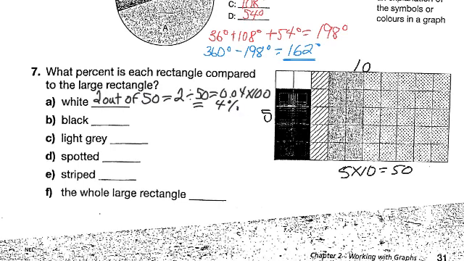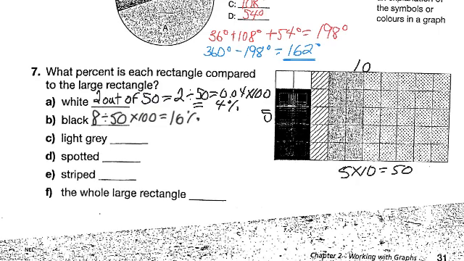Now if you just want to do this really quick, you don't have to write down all this information. You're just going to put down what it is. So we've got black, so how many do we have of black? 1, 2, 3, 4, 5, 6, 7, 8. So we're going to take 8 divided by 50, and then times by 100 to get our answer, which is 16%.